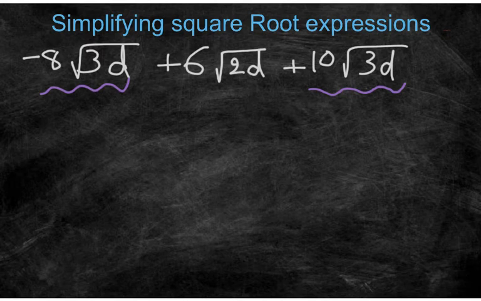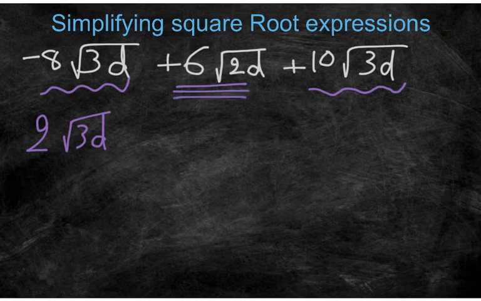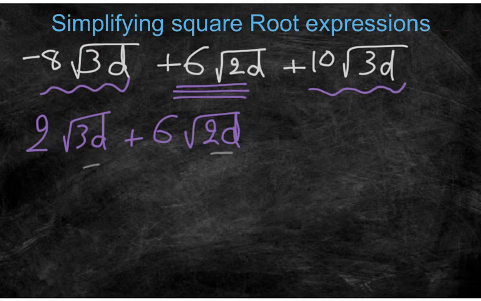So we can combine negative 8 plus 10 equals 2, and we keep square root 3d. There are no like radicals with square root 2d, so we put plus 6 square root 2d. We can't simplify more, because here we have 3d and here we have 2d. So this is the simplest form.